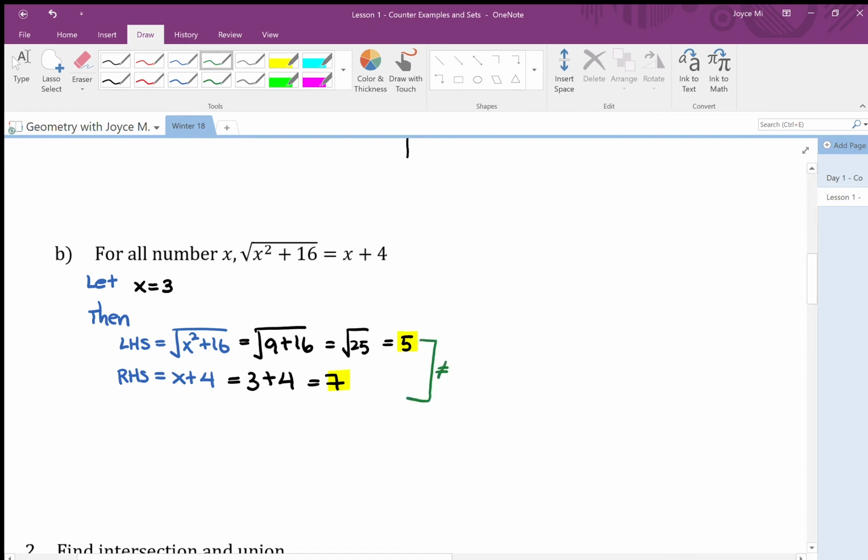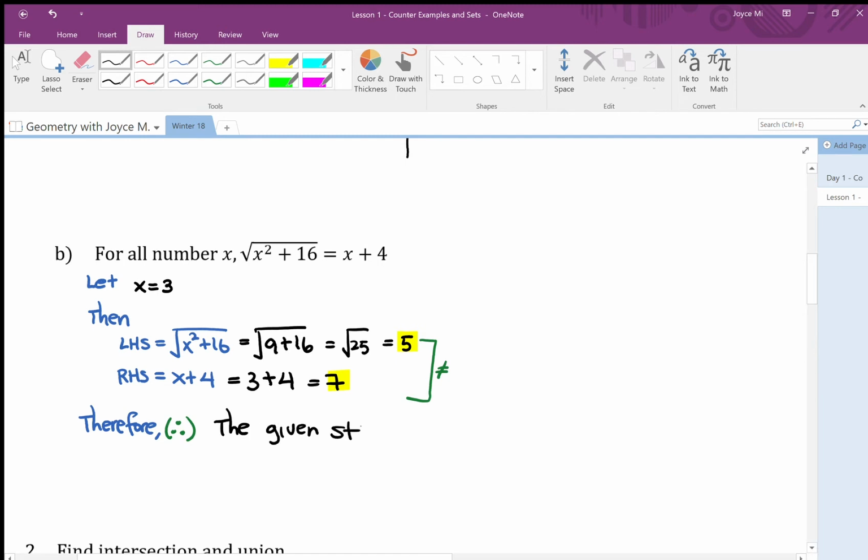Notice that 5 does not equal 7, therefore this is a counterexample. So I can make the conclusion. Therefore, in many textbooks you might see people use the three-dot symbol to mean the same thing, therefore. The given statement is false by counterexample.